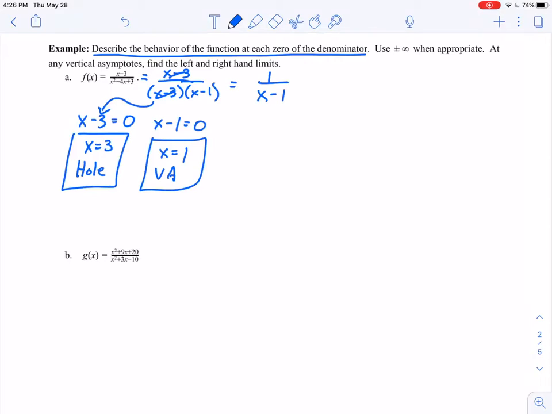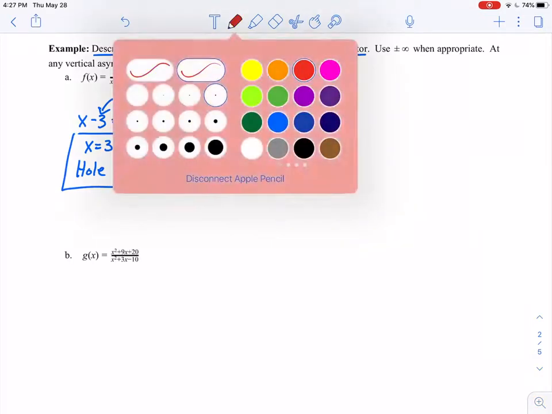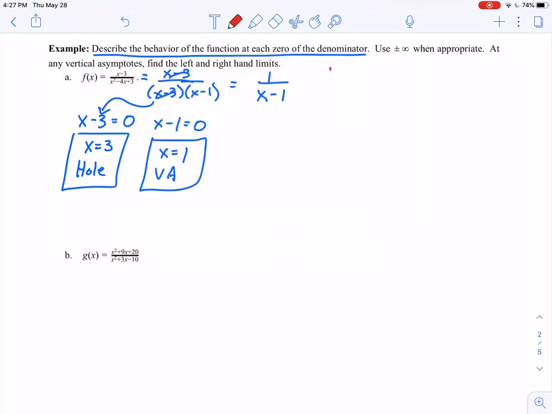So I found the zeros of the denominator, and I've started to talk about the behavior, but now it says I want to talk about the left and the right hand limits. I want to be able to evaluate these at this vertical asymptote x equals 1. So let's go ahead and do that over here. I want to look at the limit as x approaches 1 from the left-hand side of f of x.